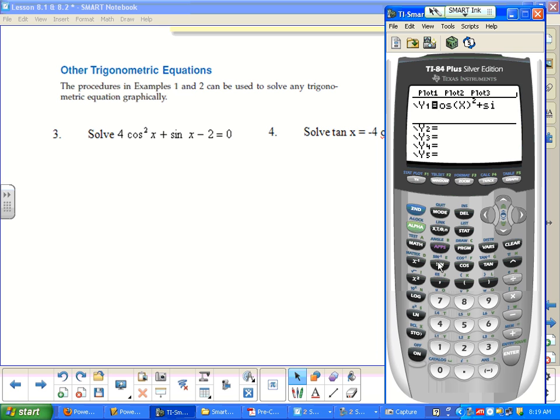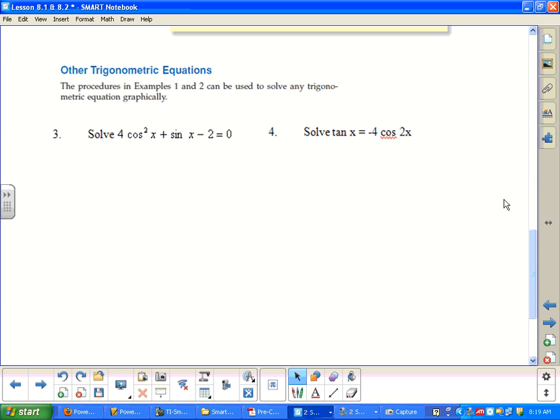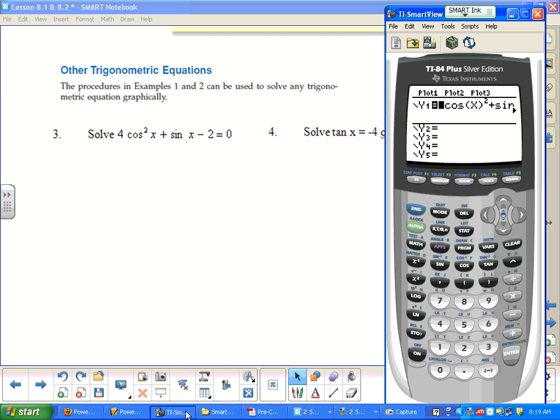Plus the sine of x minus 2. My computer is having issues today. So 4 cosine squared plus sine of x minus 2.